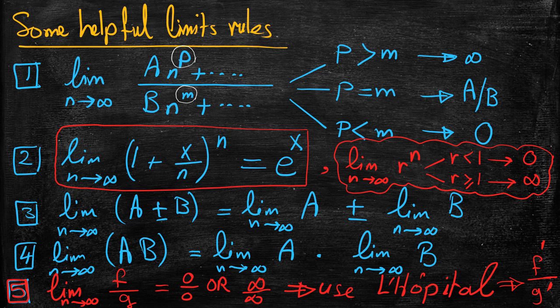Also, one of the definitions, which is very helpful and makes some confusion for many people: if we have the limit as n approaches infinity of 1 plus x over n all to the power n. If we try to substitute using the regular substitution, 1 plus some number over n, with n approaching infinity, will give us 1 plus 0.